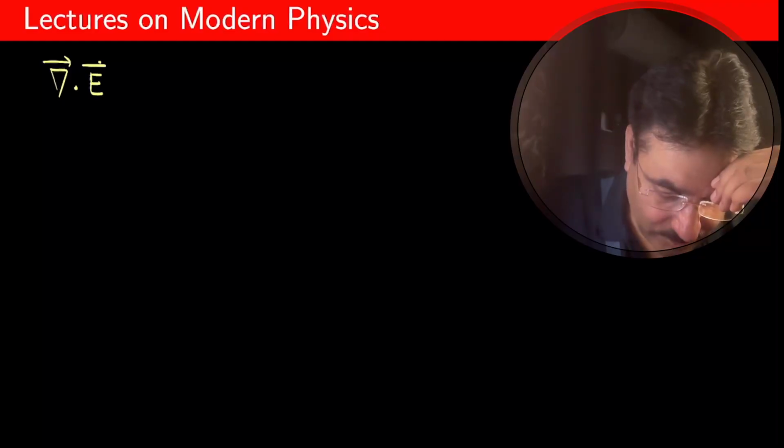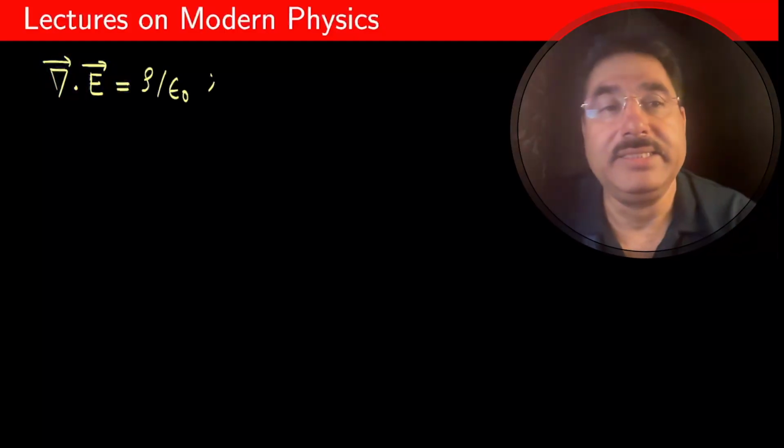So remember that we started with the Gauss law of electrostatics and then we put it in the differential form to get Maxwell's first equation, which was that the divergence of electric field is rho by epsilon naught, where rho is the electric charge distribution or charge density.